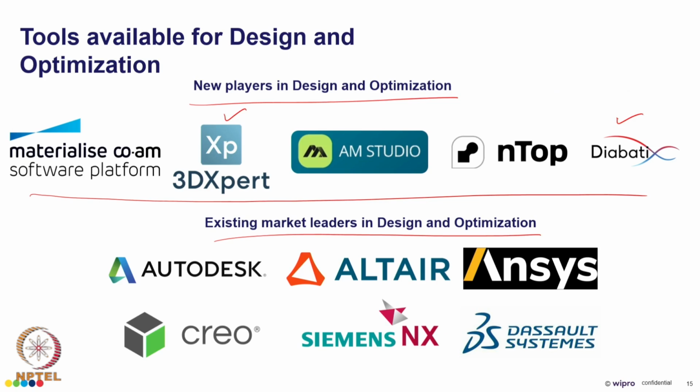We can see some players like Autodesk, who have a software called Fusion 360, which is a full fledged CAD modeling software, and NetFab, which is an AM software. In the same way, all the existing market leaders also need to come up with their own AM software, which will help make the ecosystem grow better.